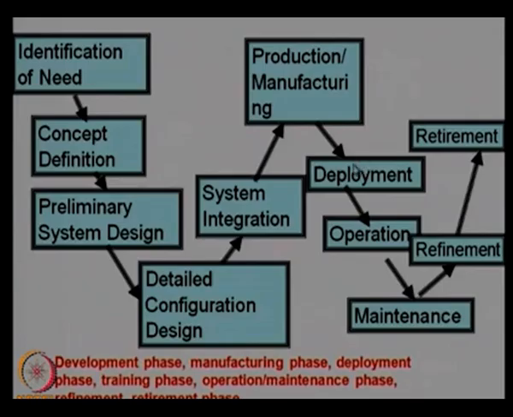You may require a lot of planning and resources to deploy a particular system, and to operate the system you may require a lot of manpower and other support systems. Maintenance of the system may be a separate process, and then refinement of the system and retirement. So the operation maintenance phase, refinement and retirement phase are the last three stages in the development of a system.